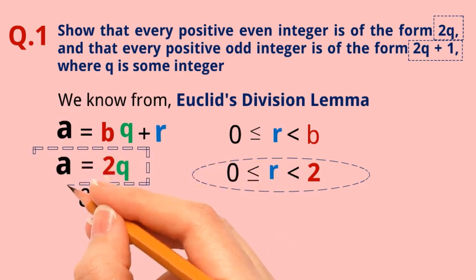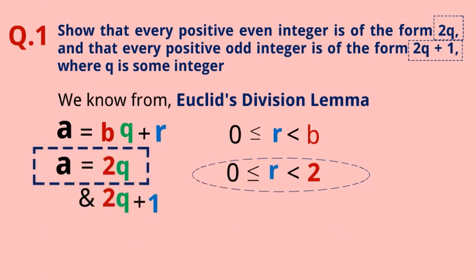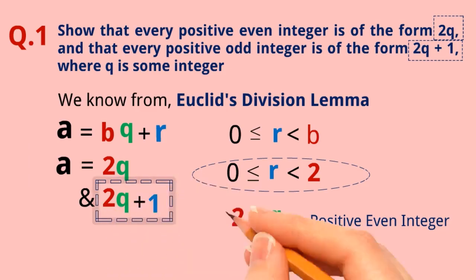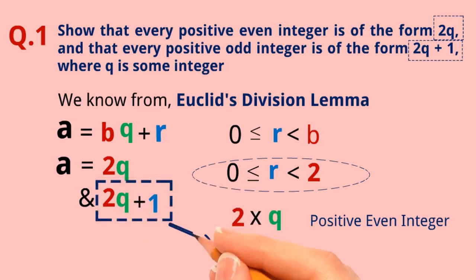Now if you see a is equal to 2q, you will understand that it is 2 multiplied by q. So a is a multiple of 2, or it is divisible by 2. So it is a positive even integer. And 2q plus 1 is simply 2 multiplied by q, plus 1.